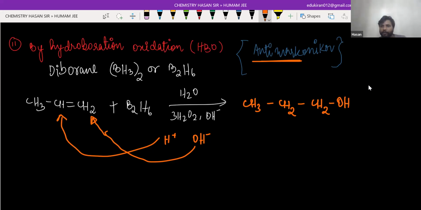This is your anti-Markovnikov. In Markovnikov, negative goes to that carbon which has lesser number of hydrogen, and here negative goes to that carbon along the double bond which has greater number of hydrogen. In NCERT, this is given in three steps. I will explain that as well. But if you remember that this is anti-Markovnikov, it is very, very easy.